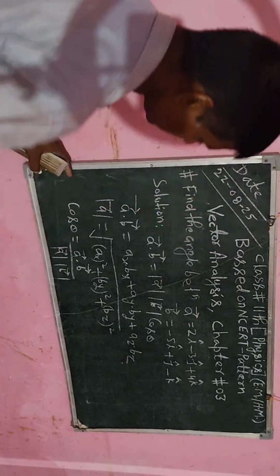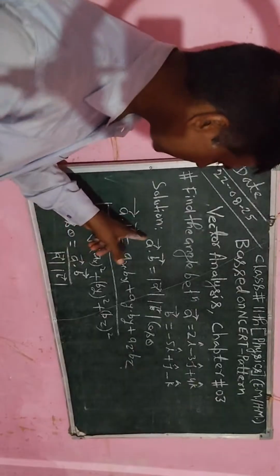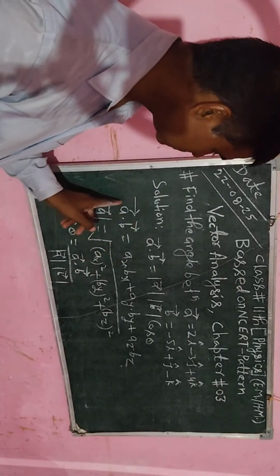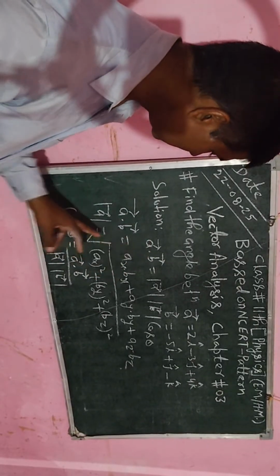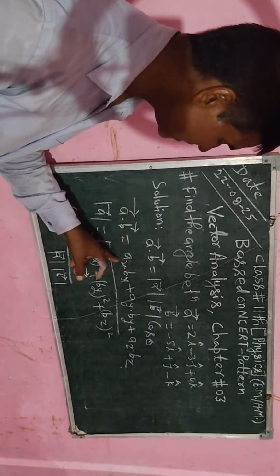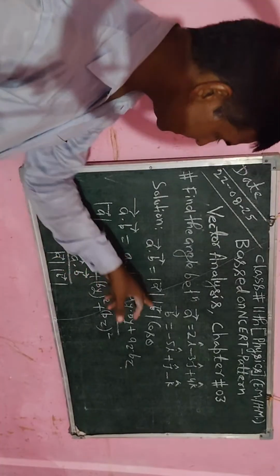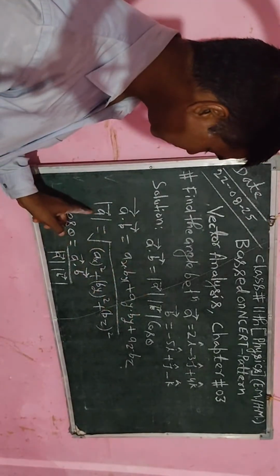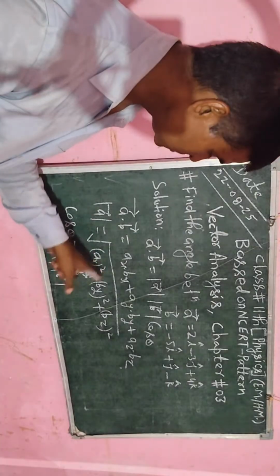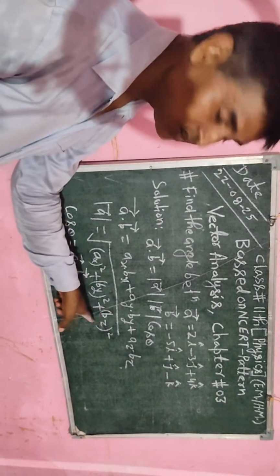So this is the required formula, because we have to know A dot B, and A dot B can be obtained by using this formula. Now the magnitude of vector A is this one, and similarly the magnitude of vector B is equal to square root of Bx whole square plus By whole square plus Bz whole square.